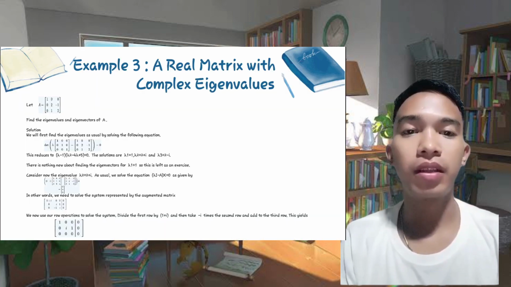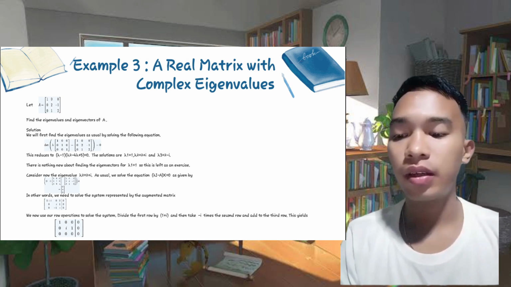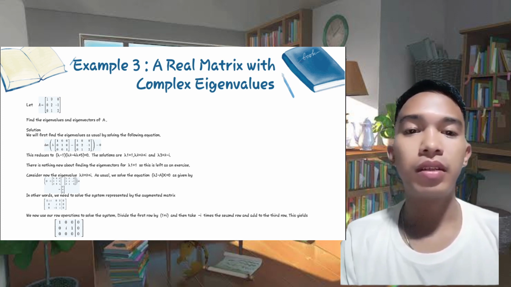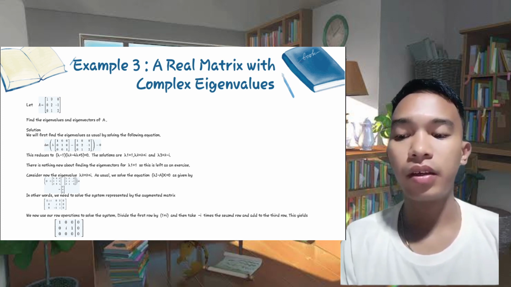Example number 3. A real matrix with complex eigenvalues. Find the eigenvalues and the eigenvectors of A. Solution.